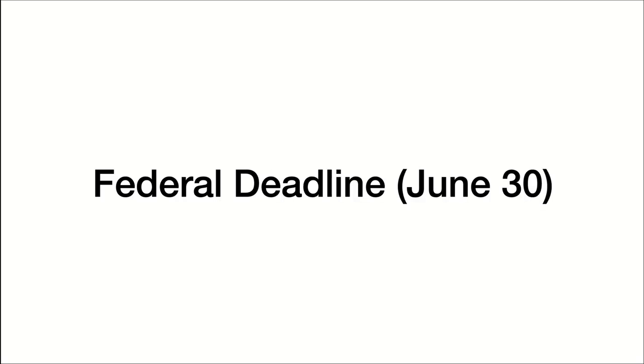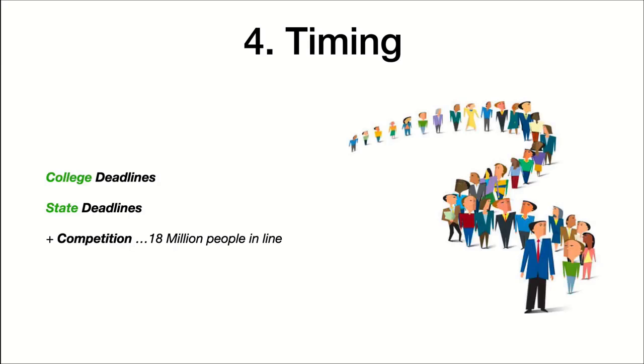And while the official federal deadline is not until June 30th of the next calendar year, you never, ever want to wait this long because colleges and states have their own deadlines, which are almost always earlier, and you should check to know what they are. But no less importantly, remember, you'll be competing with 18 million other families lining up for financial aid. So get in line as early as you can. Don't wait until those deadlines.